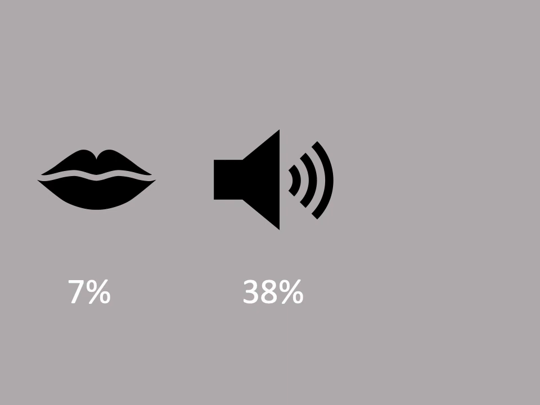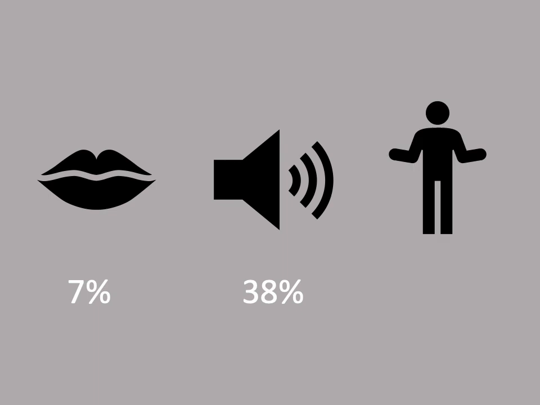So a firm conversational tone of language rather than a strident accusatory tone of language will get you much further with a parent than a timid, not confident type of language would as well. And then of course, 55% of our communication is determined by your body language and the way that you present yourself.